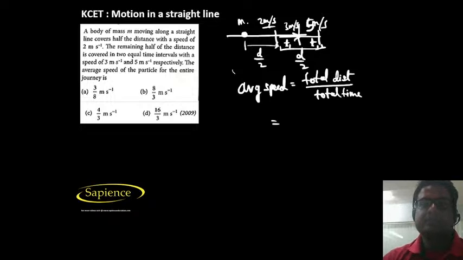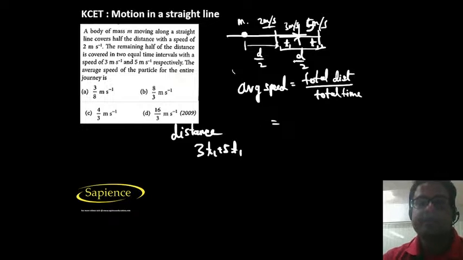Here you can see that the length covered is 3t1 plus 5t1, since speed into time is equal to distance. So 3 into t1 plus 5 into t1 is equal to d by 2.